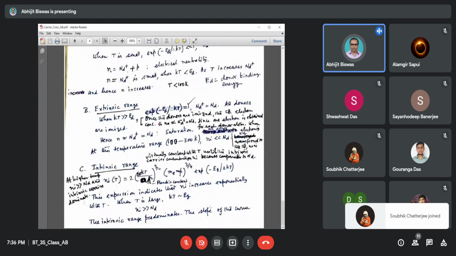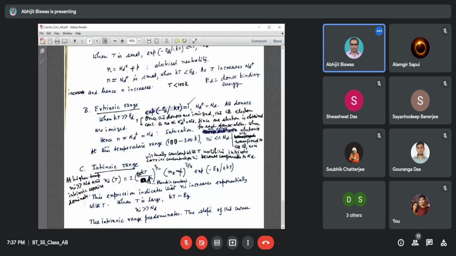It follows this mathematical relationship: ni(T) equals 2 times (2 pi kT by h squared) whole to the power 3 by 2, times (me times mh) whole to the power 3 by 4, times exponential of minus Eg by 2kT.